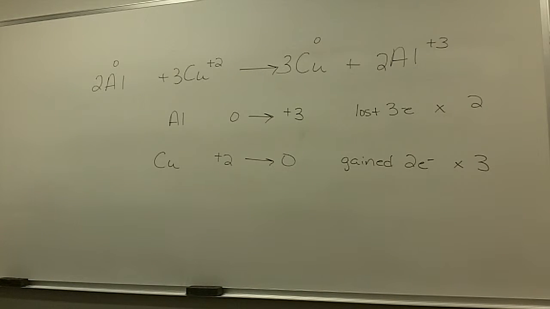This is balancing by the number of electrons gained and lost on both sides. So in order to do the redox, you have to have that many moles of aluminum, in order to balance the electrons gained and lost.